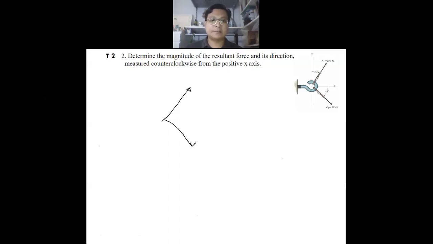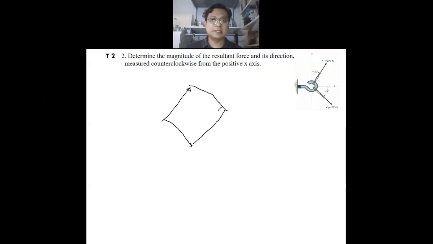The second force here, just make the parallelogram using here, maybe over here. Then we complete the force.